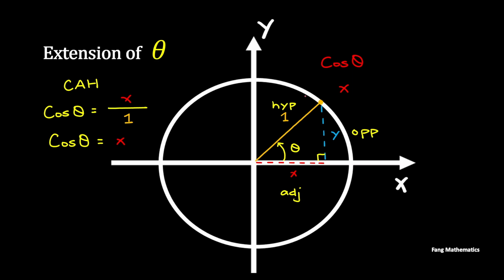So cos theta. And now I would like to express y in terms of theta as well. y is the opposite side, and we use the hypotenuse, so I believe we should use SOH. Sine theta should equal opposite over hypotenuse.